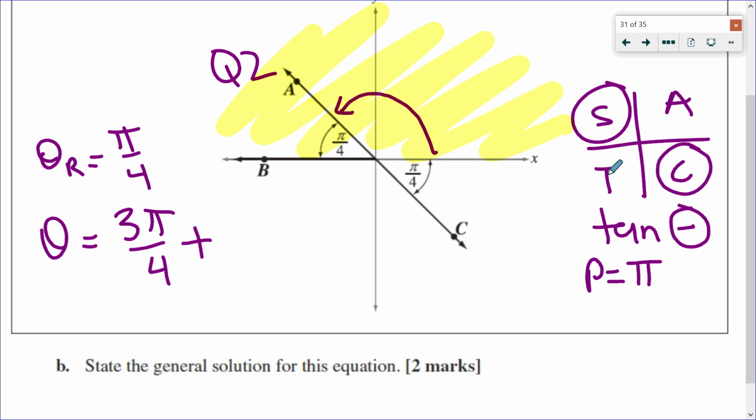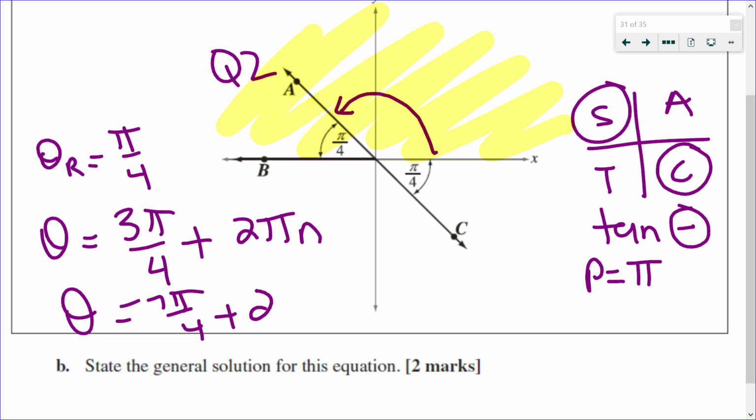Because a lot of people might do 3 pi over 4 plus 2 pi n, and then they would say, okay, in quadrant number 4, the numerator is double 1 less, so double 1 less would be 7 pi over 4 plus 2 pi n. Now this is technically correct, but people marking the diploma would not give you full marks for this because you show you didn't recognize that it was a tangent function.